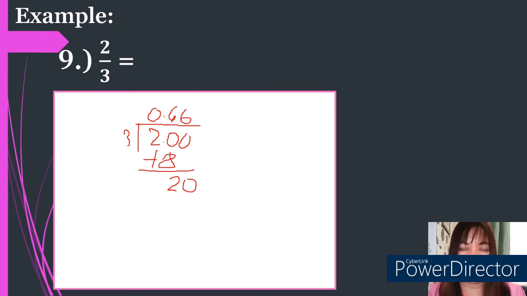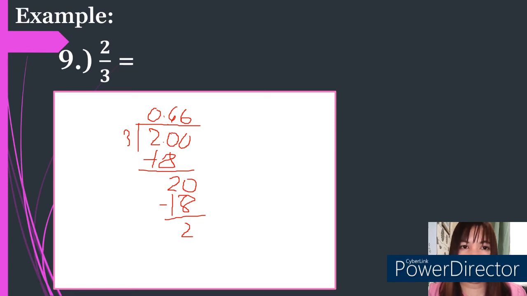So, 6 times 3, we have 18. As you can see, nauulit siya. So, paulit-ulit siya. So, it becomes 2 again. So, malamang kapag mag-add ulit tayo ng 0, 2 na naman at uulit na naman siya.